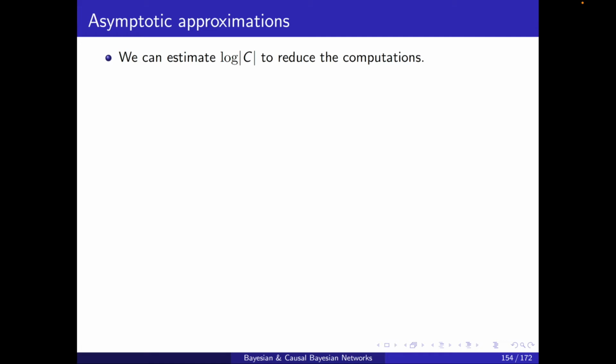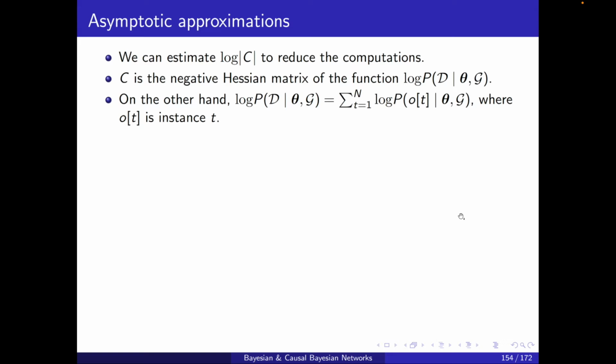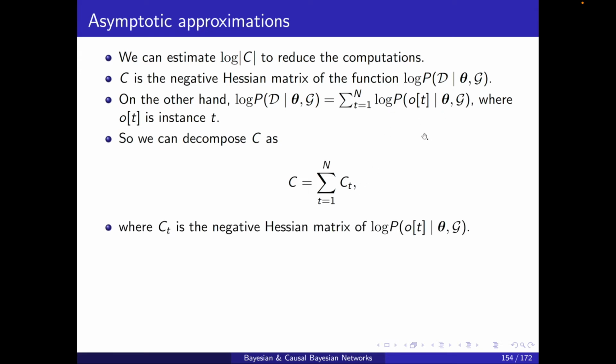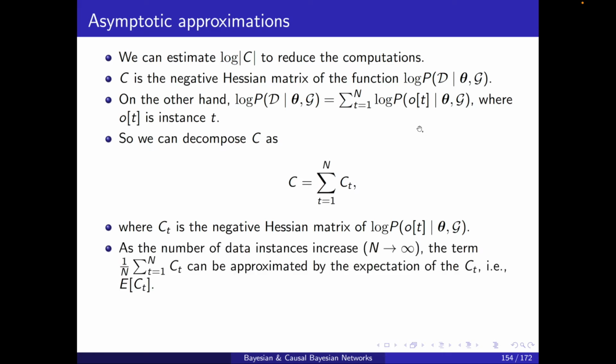Well, we can try to approximate this term, the log of the determinant of C. And how can we do that? Well, C again is the negative Hessian matrix of the function log P of D given theta G, and we saw that this can be written as the summation. And here is a little trick. We just write down C as the summation of C_t, where C_t is the Hessian of each of these terms. Okay? And therefore, we can do one thing.